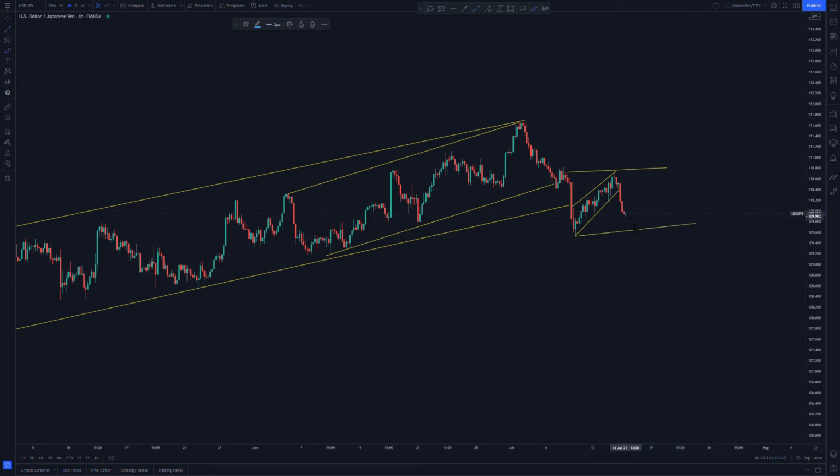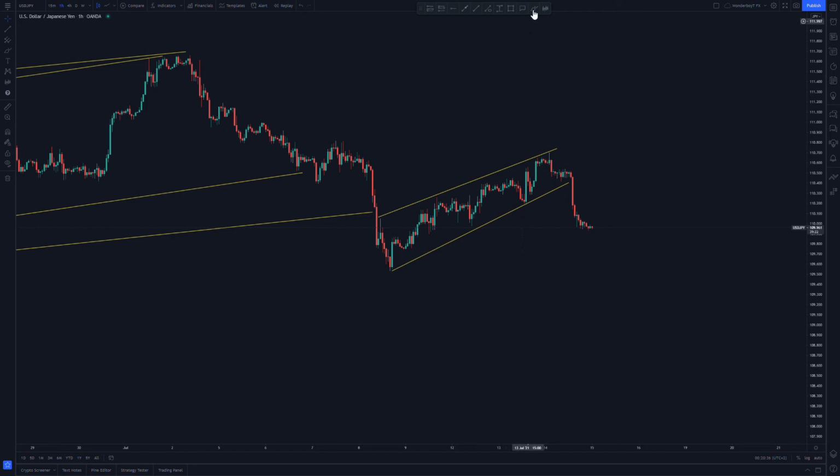So something like this, a very nice push from here, and then all the way from here, and then take it to the downside. So I just need to be more patient and see how price develops, then take it from there.